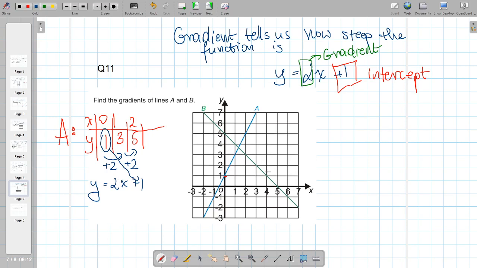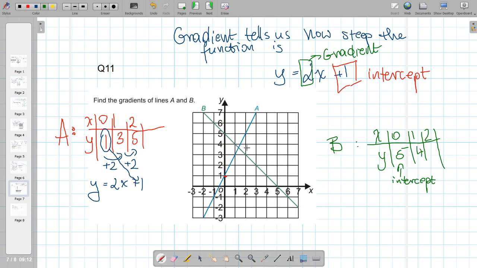Right, for B, I'll change the color. Again, I'll just draw a quick table for a few values, so 0, 1, 2. For 0, we've got 5, so this is the intercept. For 1, we've got 4.